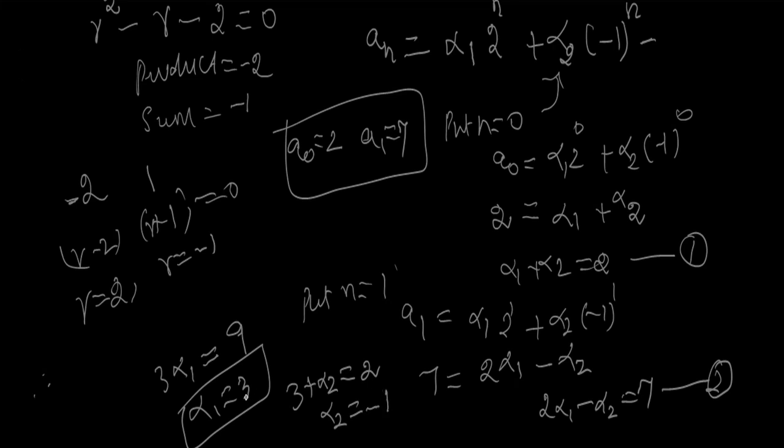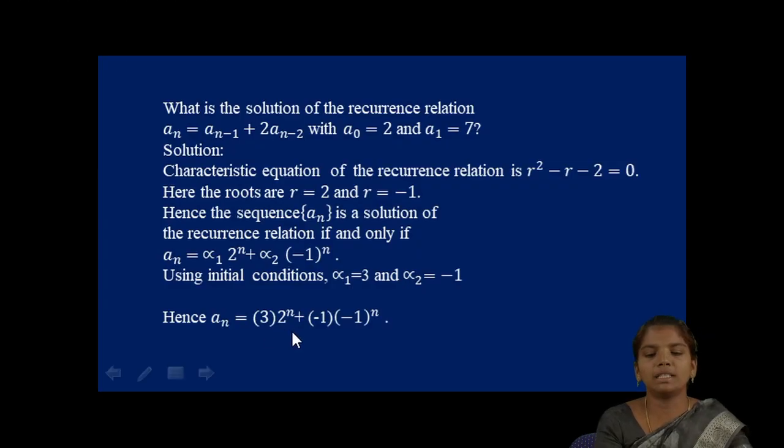So alpha1 is 3 and alpha2 is minus 1. Substituting these values, a_n equal to 3 times 2^n plus minus 1 times (minus 1)^n. This is the solution of our recurrence relation a_n equal to a_(n-1) plus 2 a_(n-2). Thank you.